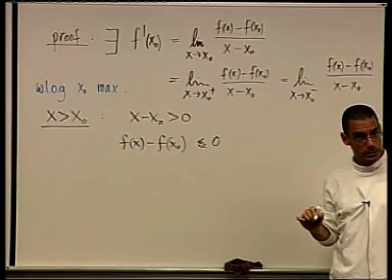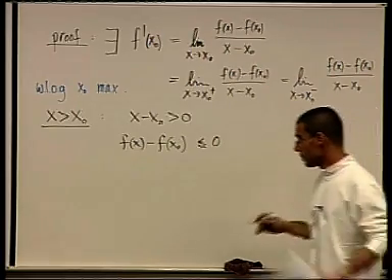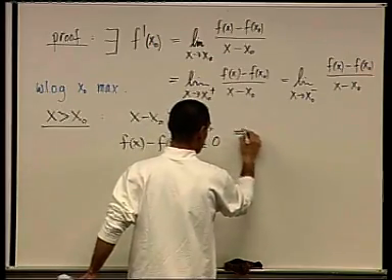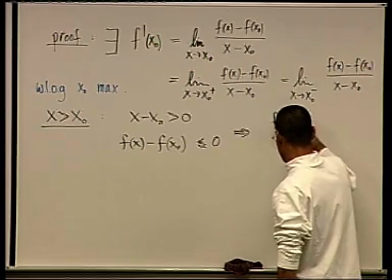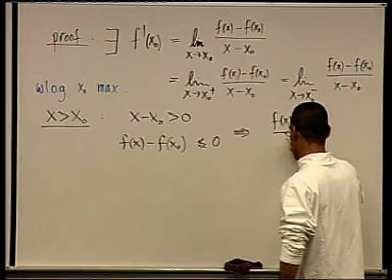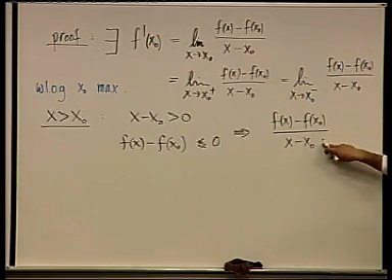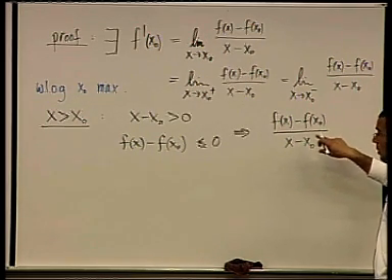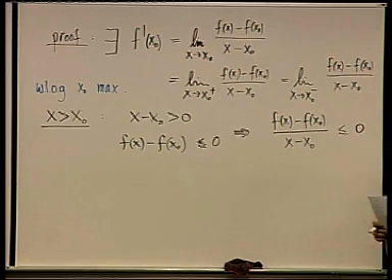Good? Everybody? So what can we conclude? For any x greater than x0, the quotient f of x minus f of x0 divided by x minus x0 has a positive denominator and a non-positive numerator, so this whole thing is non-positive. Do you agree?